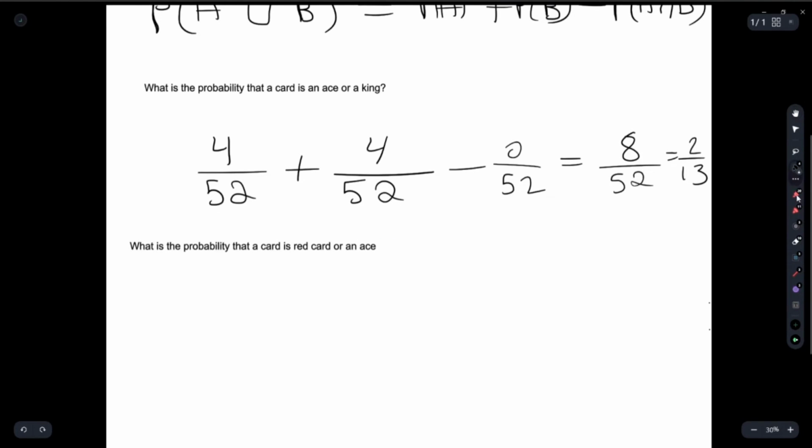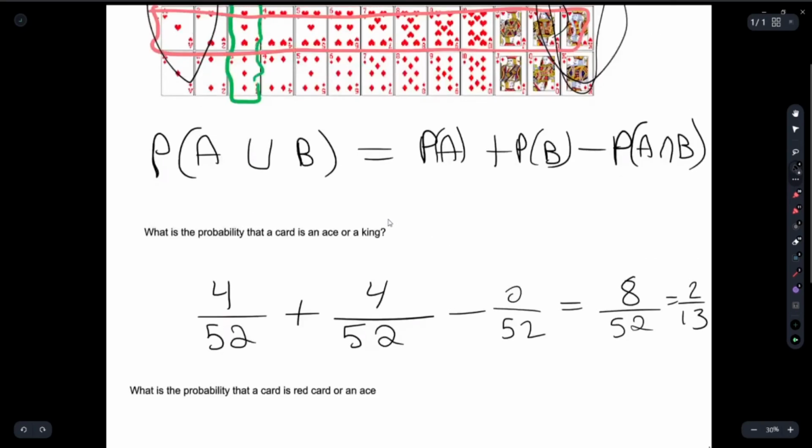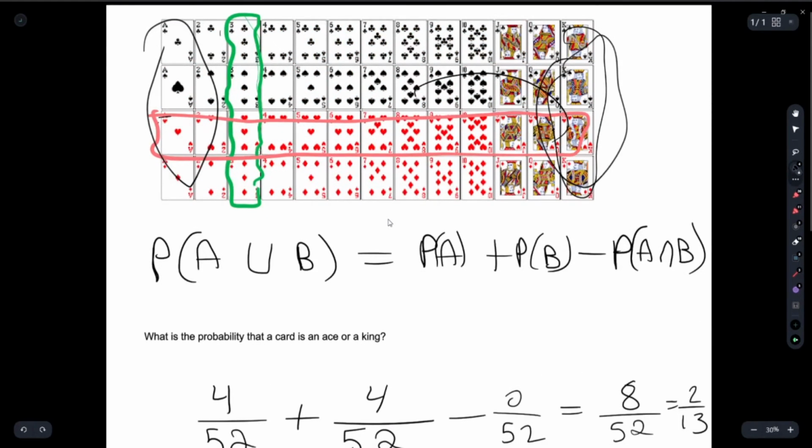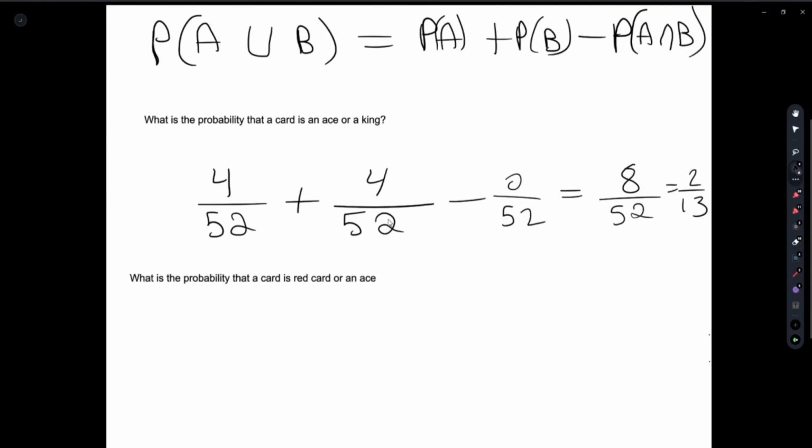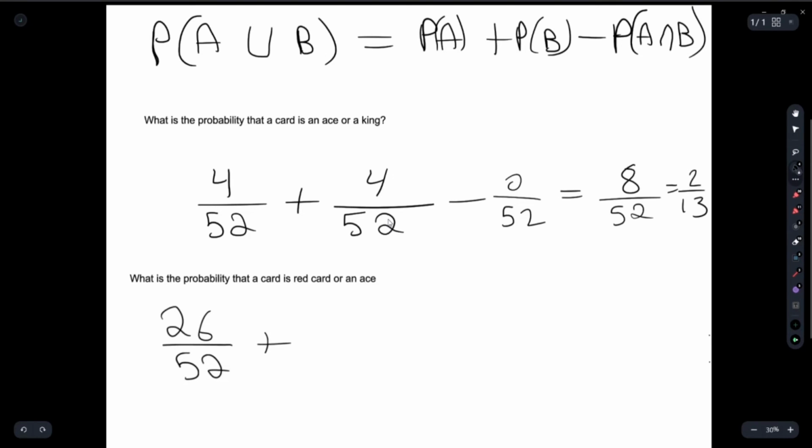So here again, we'll find the probability of a red card and then ace and remove the intersection. So the probability that a card is red is half the deck. So it's 26. This is again from our knowledge of cards. 26 over 52 plus, and ace we already did here, it's 4 out of 52.